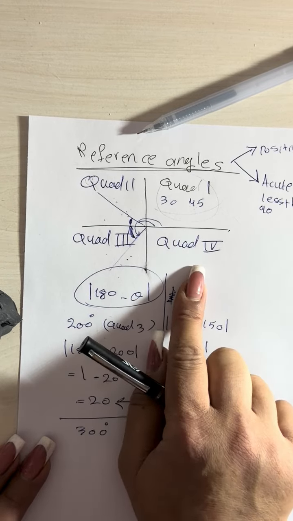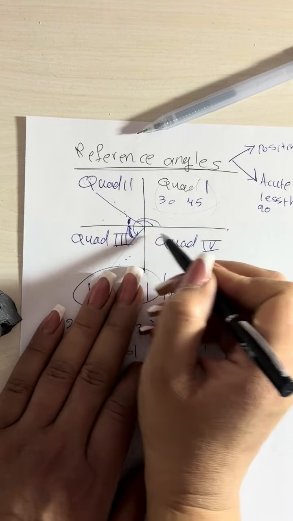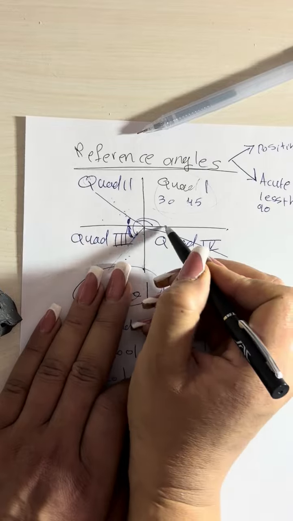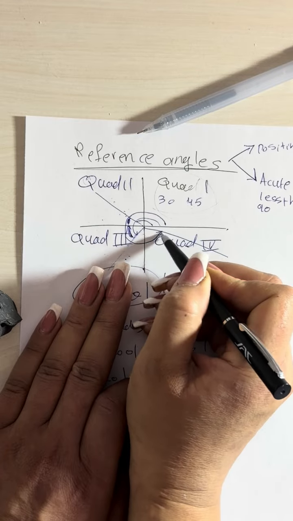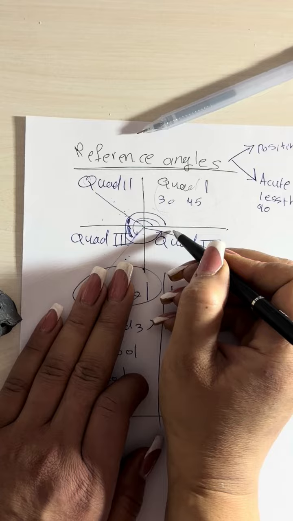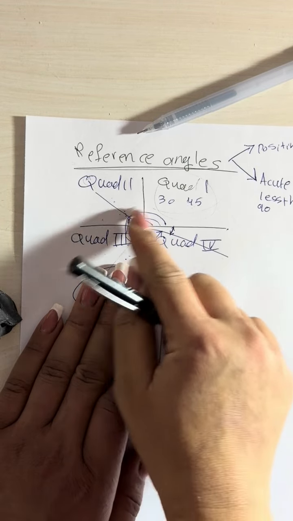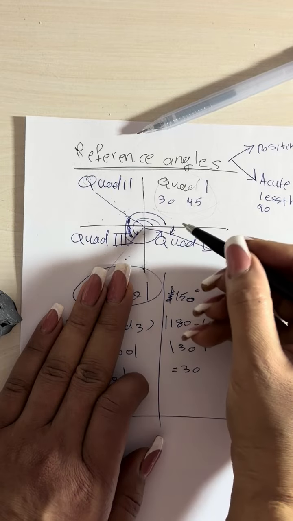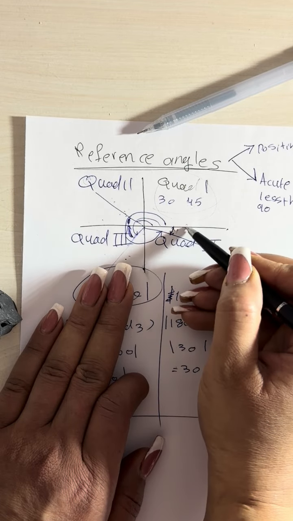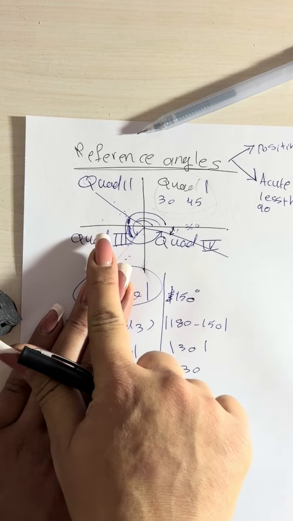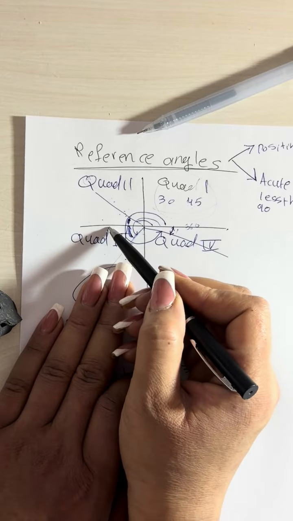Okay, what about this? If you have an angle, for example, this. Now look, I have this much far from the whole loop. So that means I have this much far from 360. Here I had this much far from 180.